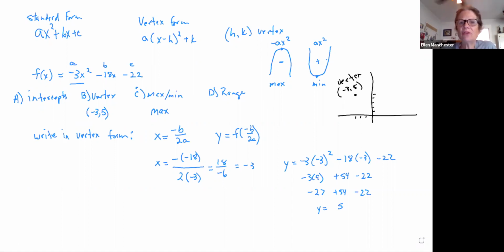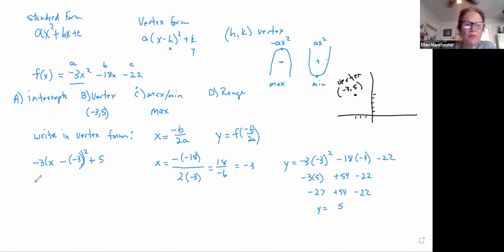Now to write this in vertex form, now that I have the vertex, it's very easy to write. My x value is negative 3. It's x minus whatever my x value is. Remember, we have h and k. This represents x, this represents y. So negative 3 squared, plus my y value, which is 5.